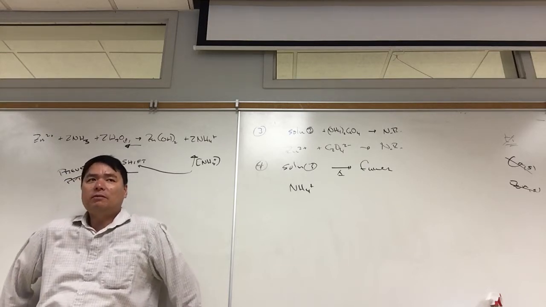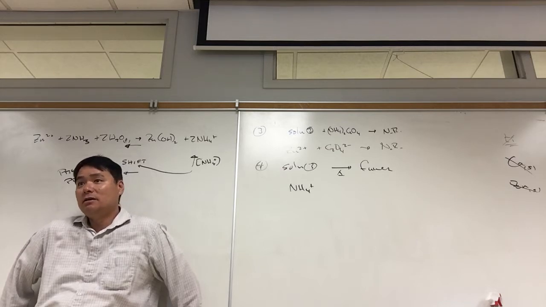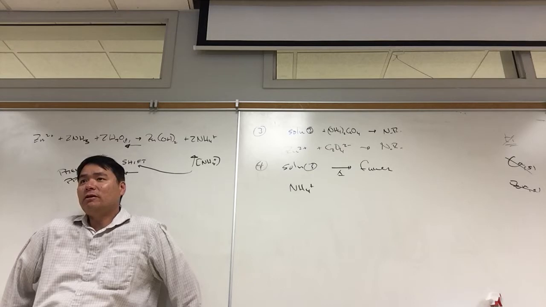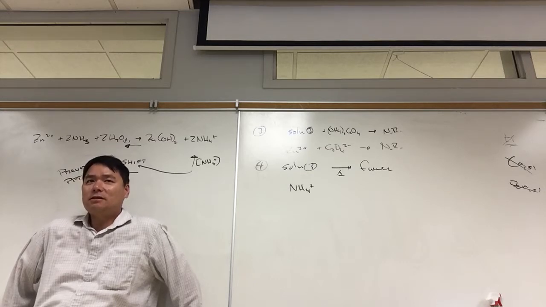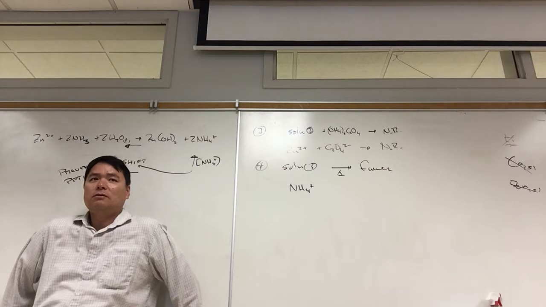We don't want ammonium present when we add concentrated nitric acid because that could lead to trouble. Ammonium is a decent reducer, and nitric acid is very powerful, especially at 15 molar, a high concentration.